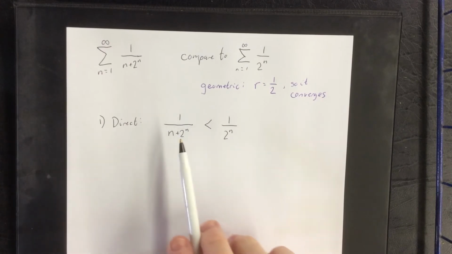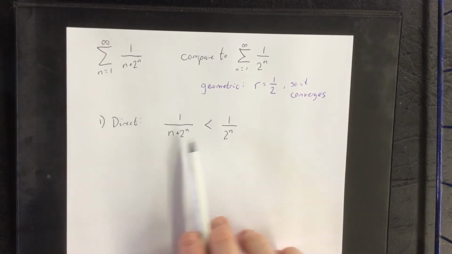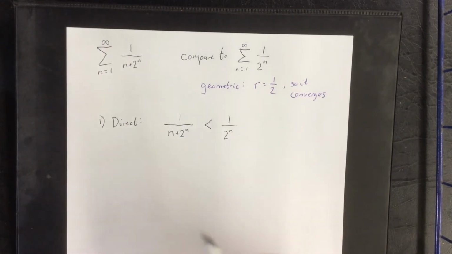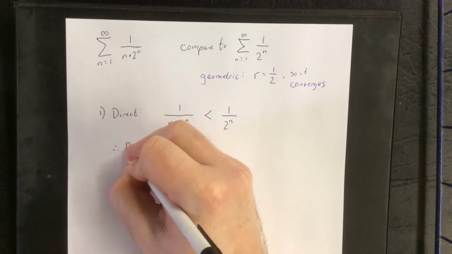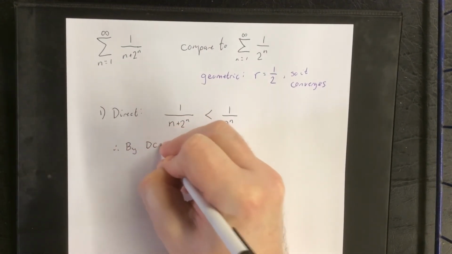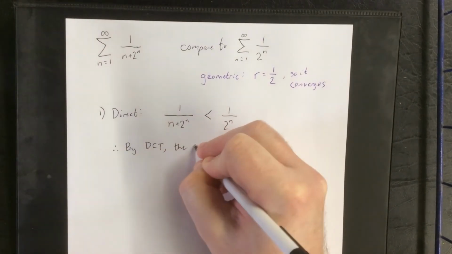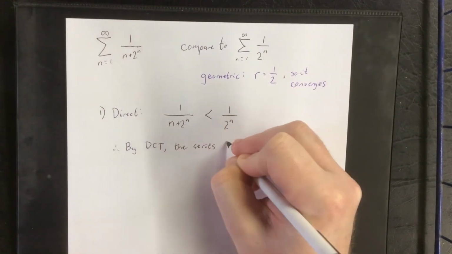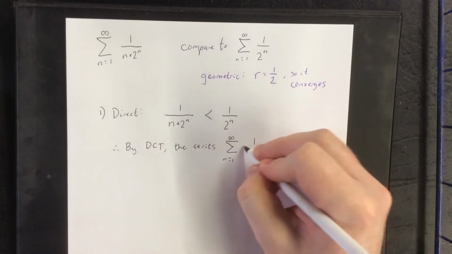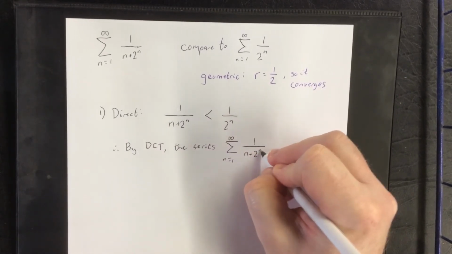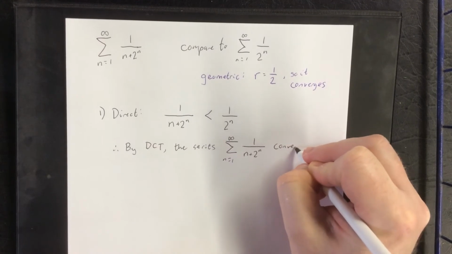We just showed that this thing is less than a convergent series. The direct comparison test works in this case. Therefore, by the direct comparison test, the series, sum from n equals 1 to infinity, of 1 over n plus 2 raised to the n power converges.